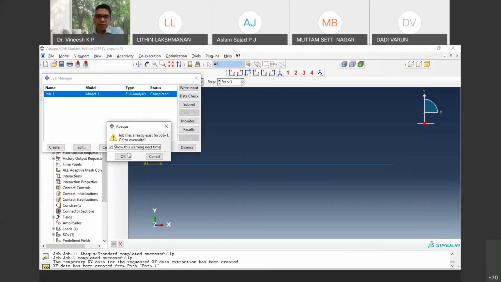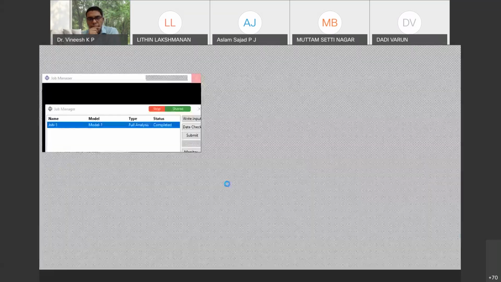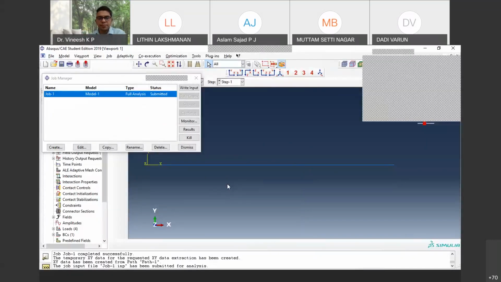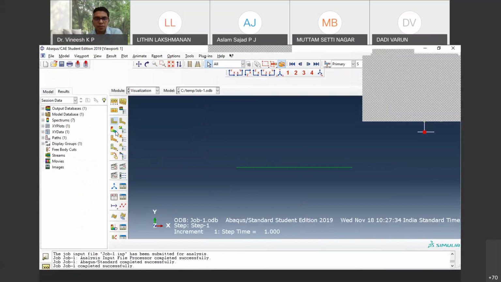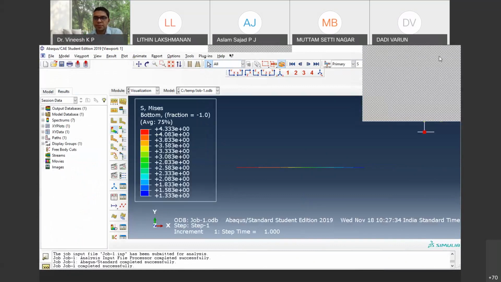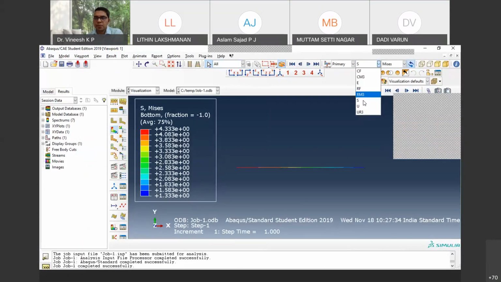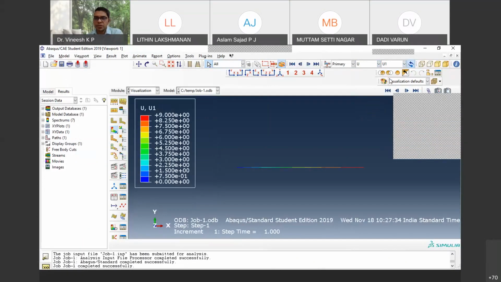So we will submit it. So it is completed. So we will look at the result. The result which you are looking at is U1.